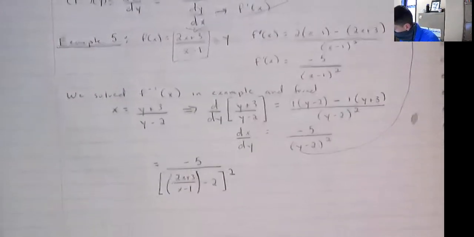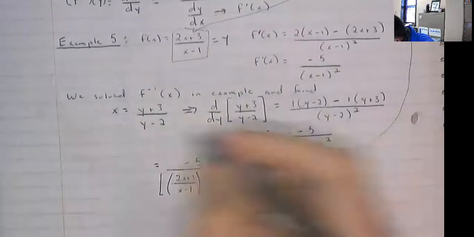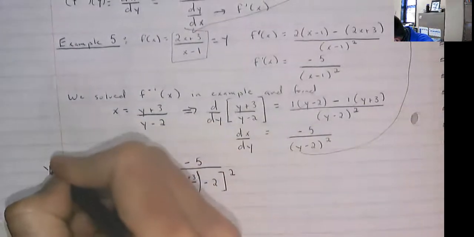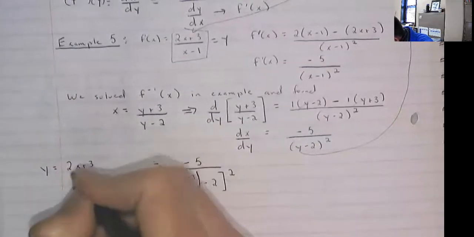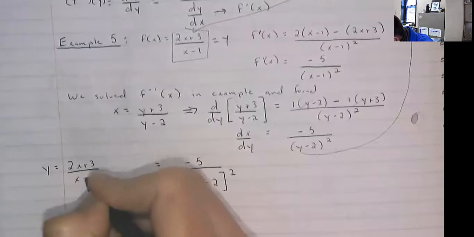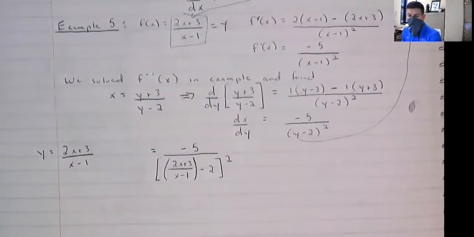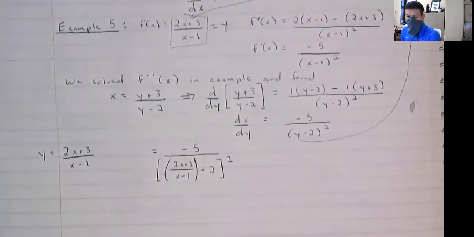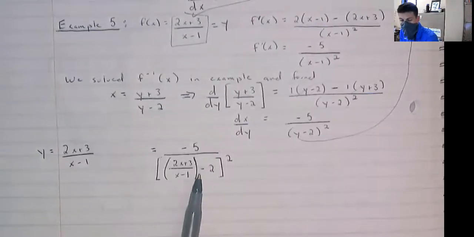I think our game plan here, and let me just mark this is happening because y is equal to 2x plus 3 over x minus 1, is that we should probably make this into a single fraction before we square it.